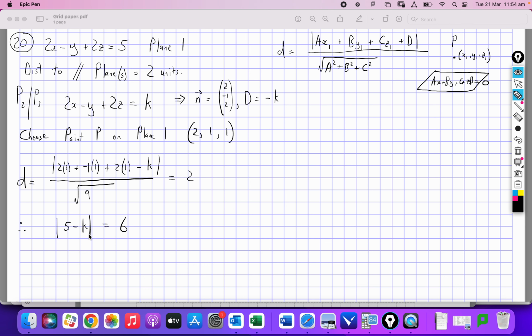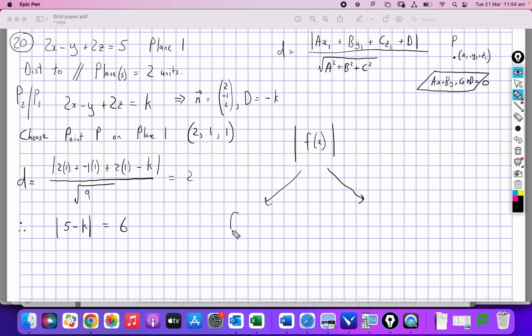Now, when you've got the modulus of some function, this is a very simple function, but I don't think I've done much modulus with you. If you've got the modulus of some function equal to something, there are two possible situations.